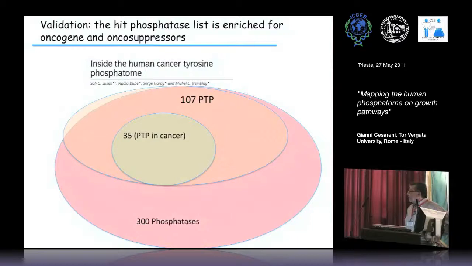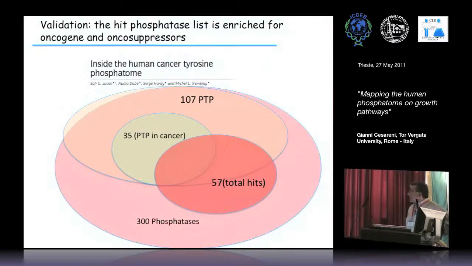So there are, as I said, 300 phosphatases we are analyzing. 107 of these are tyrosine phosphatases that have been recently analyzed in a review. And the group of Michel Tremblay reported that 35 of these 107 protein phosphatases have in some way been associated to cancer as an oncogene or oncosuppressor.